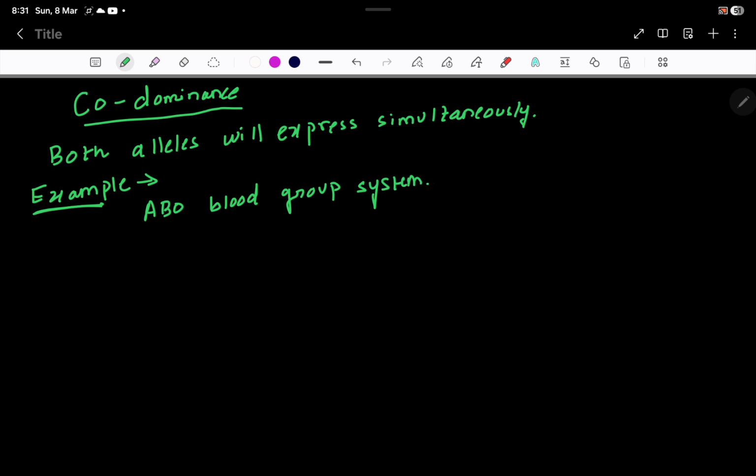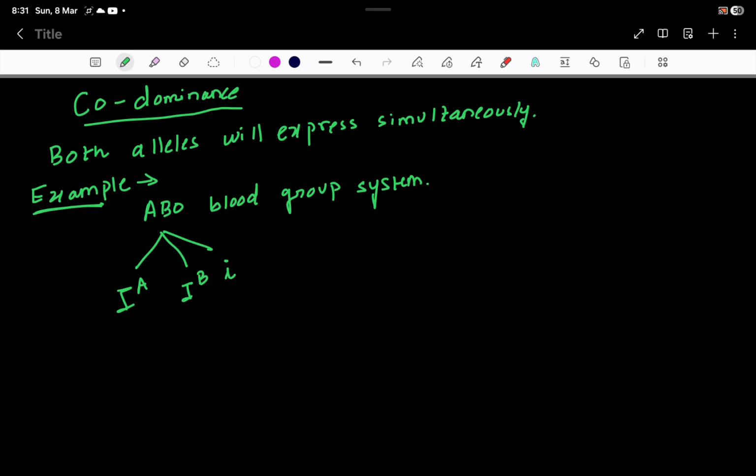Now, let's talk about the alleles. From this, we will be getting three types of alleles. The alleles are IA, IB, and small i.